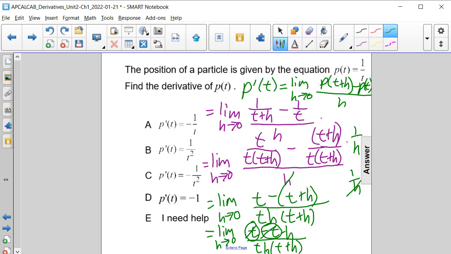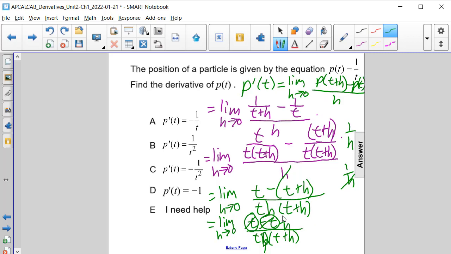And we also have a negative h in the numerator and an h in the denominator. So this h in the denominator is going to cancel out, and this negative h in the numerator becomes a -1. So we now have the limit as h approaches 0 of -1 divided by t times t plus h.